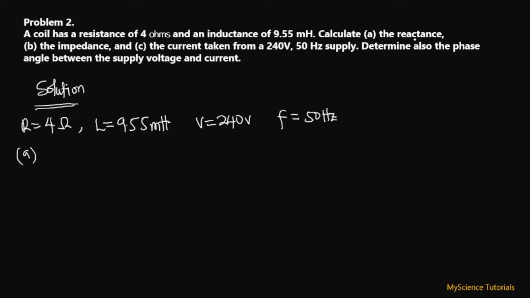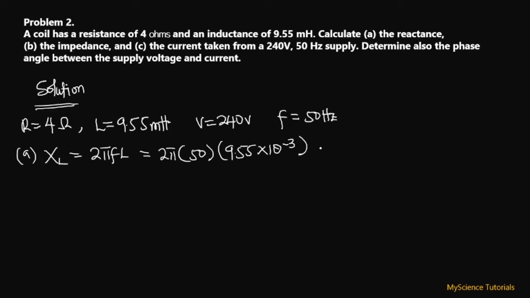All right. So part A of this question is demanding that we find the reactance. The reactance in this case is the inductive reactance, which is XL. To find the inductive reactance of an inductor, it is given by the formula 2 pi FL. So this is equal to 2 pi, our frequency is 50 hertz, our L, the inductance, is 9.55 times 10 raised to the power -3.